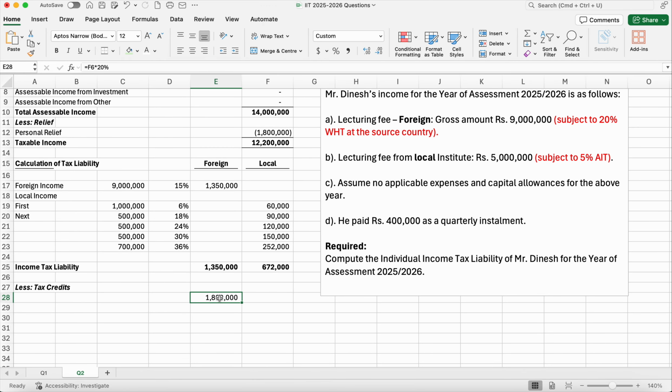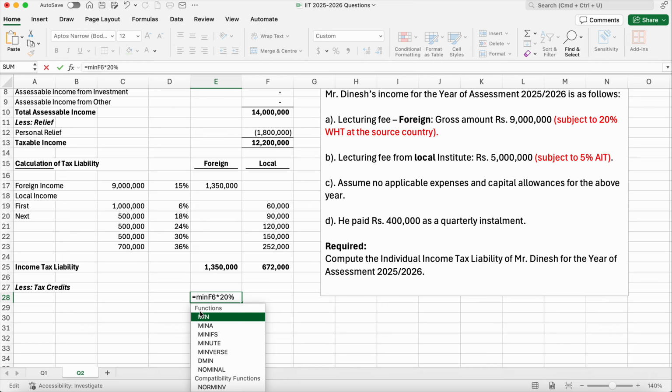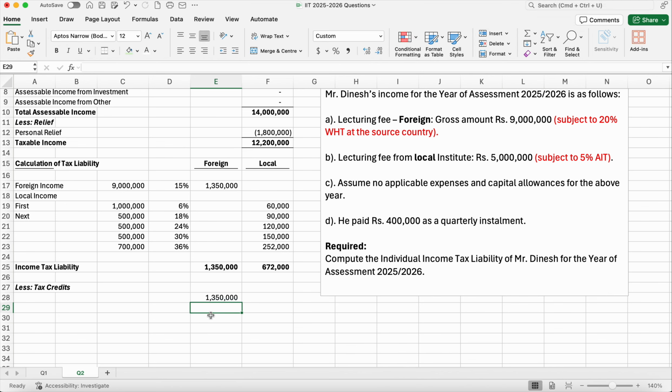But you can't take the entire one, so you can go ahead with that one or this one, right? The minimum of that liability, so you can get the credit this amount, right?